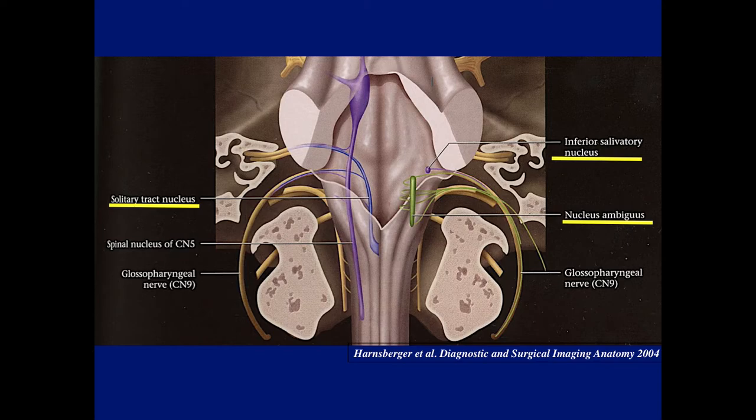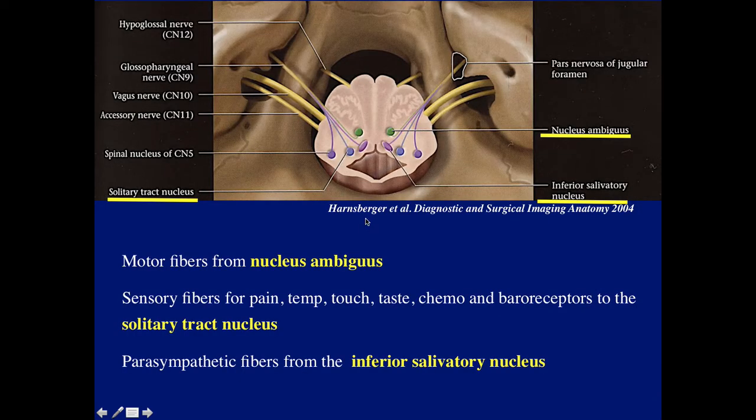Now, the 3 nuclear columns, the inferior salivatory nucleus, the nucleus ambiguus, and the solitary tract nucleus, are involved with the 9th, 10th, and 11th nerve in the brainstem, as you can see.